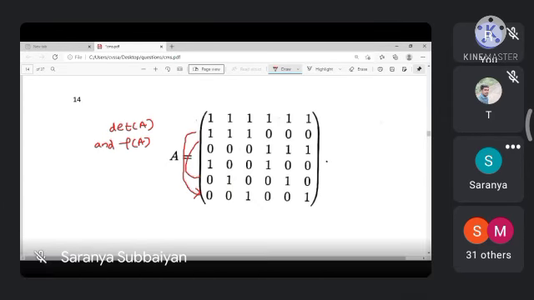The second row is 0, 1. The first row is this 1, 1, 1. Then the second row is this one, the third row is this one, and again the fourth row is this. By interchanging the rows, you can easily find the rank.